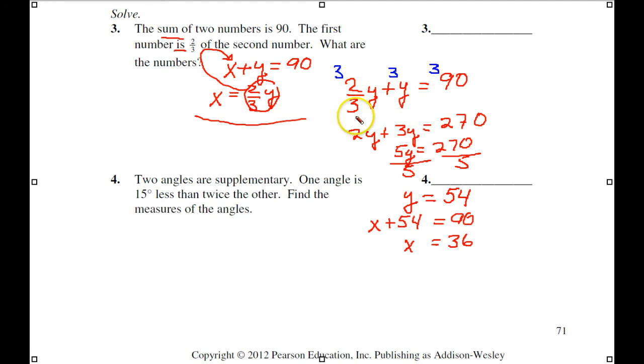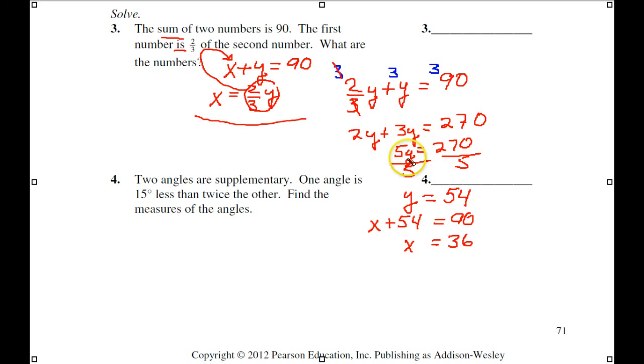Now, to get rid of the fractions, a technique from chapter 1, I'm going to multiply every term by 3. Here now the 3's cancel out, and I'm left with 2y plus 3y equals 270. Group like terms.